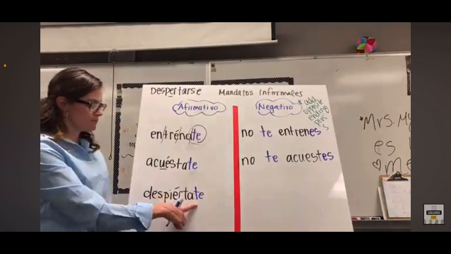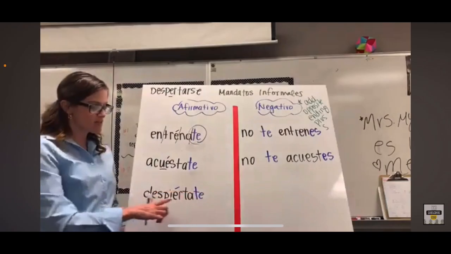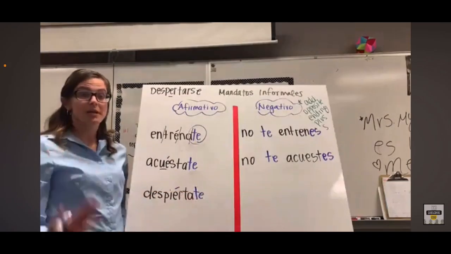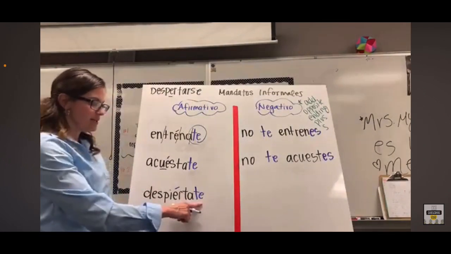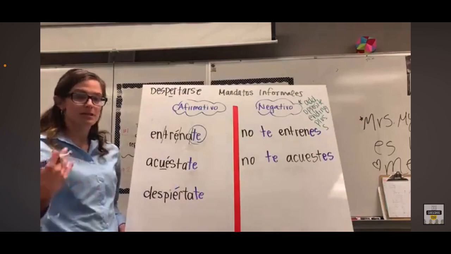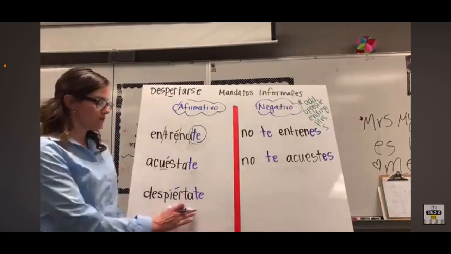This is going to be kind of hard because there's 5 syllables in this. But remember, always the third syllable, always to the left. So count 1, 2, 3. Bam, there's your syllable. Place an accent mark. If I say despiértalo, then I want you to wake him up. If I say despiértala, then that means wake her up. So despiértate means, hey, wake yourself up.